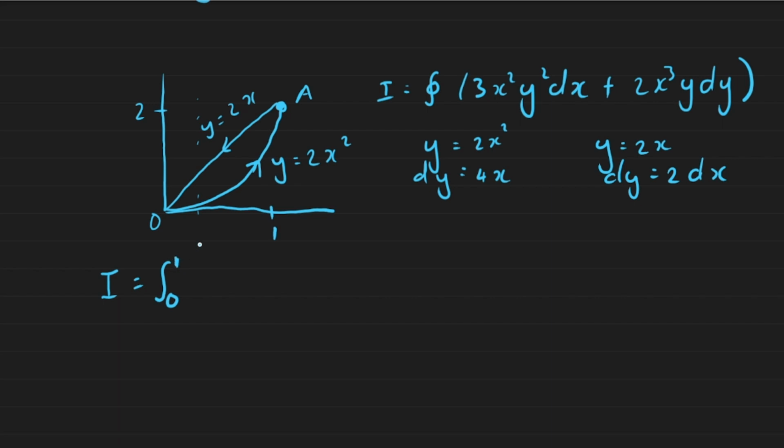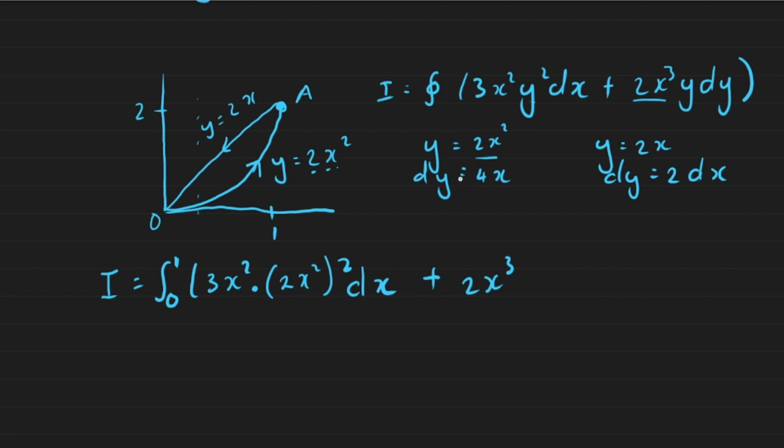So we'll integrate from 0 to 1 along the bottom curve. That would be 3x squared times y squared, and y squared is 2x squared, squared, times dx, plus 2x cubed times y dy.